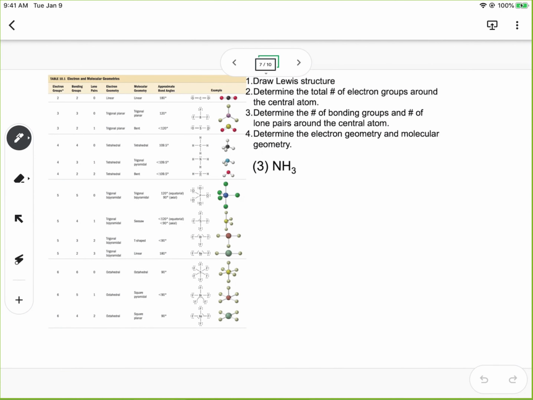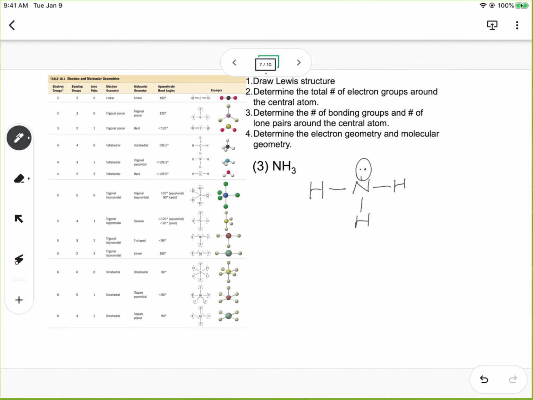Next one, NH3. Well, if you draw the Lewis structure of this molecule, it will be something like that. Well, lone pair, hydrogen, hydrogen, hydrogen. Now be careful. Determine the total number of electron groups. You have one lone pair, 3 NH single bonds.